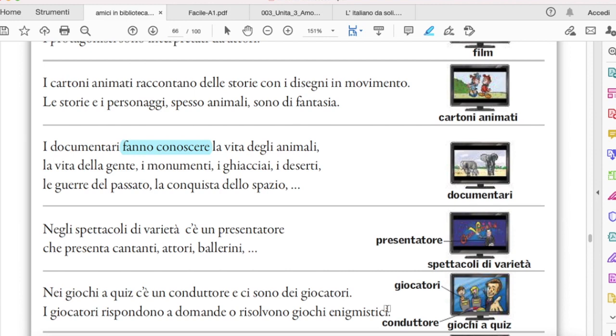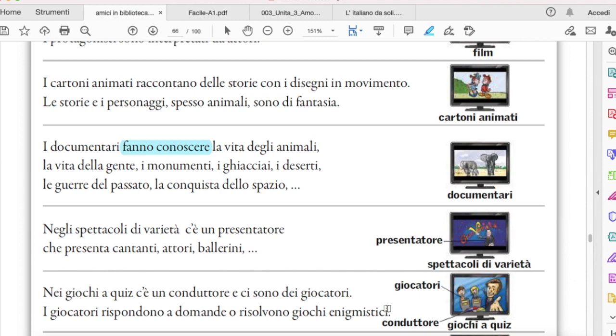La vita della gente is people's life. I monumenti, monuments. I ghiacciai, ice caps. I deserti, deserts. Le guerre del passato is wars in the past. La conquista dello spazio is the space conquest, literally. Conquista, conquest, and dello spazio, space.